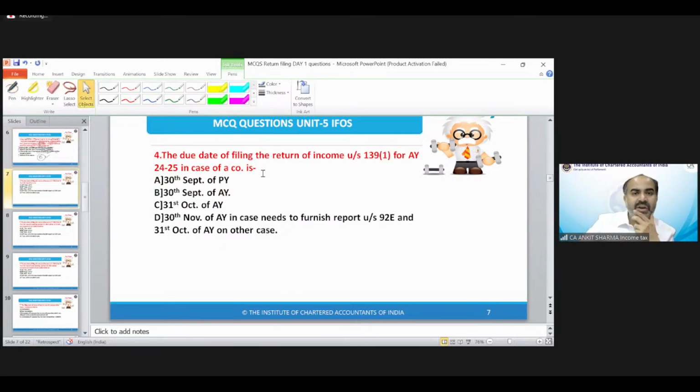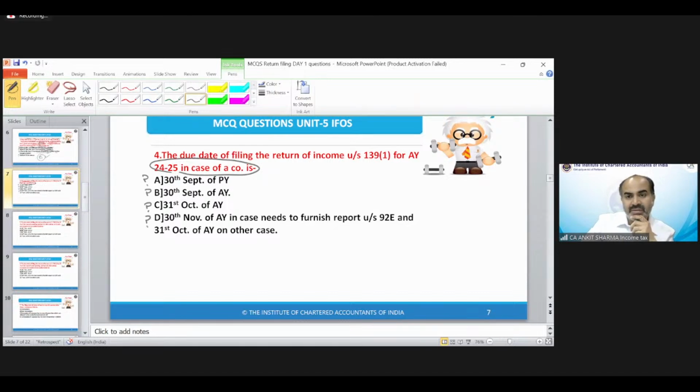The due date of filing of return of income under section 139(1) for assessment year 24-25 in case of a company is: is it 30th September? Is it 30th September of assessment year? Is it 31st October of assessment year?